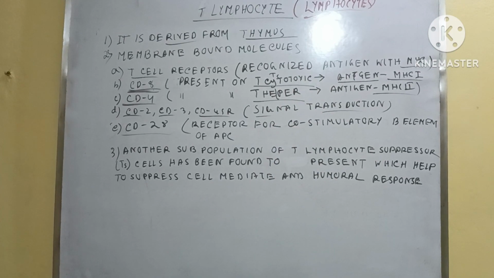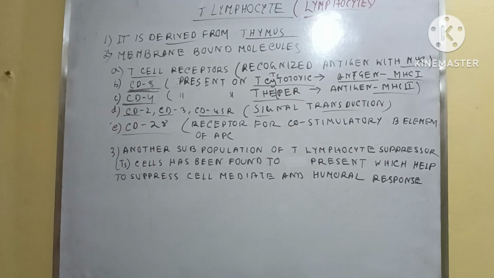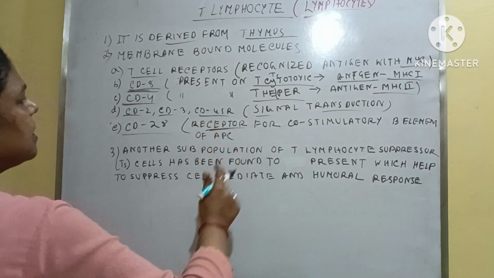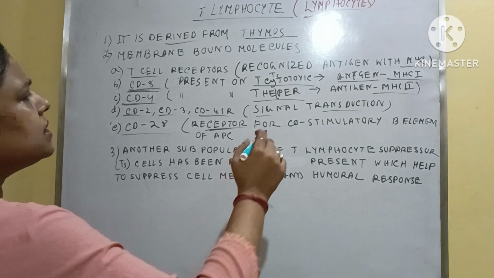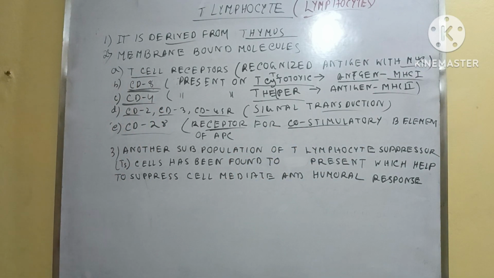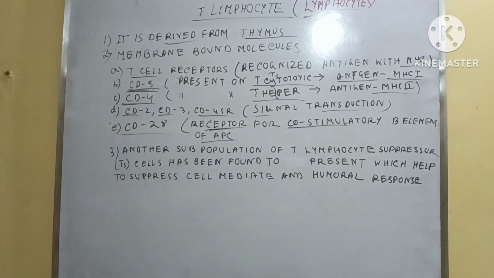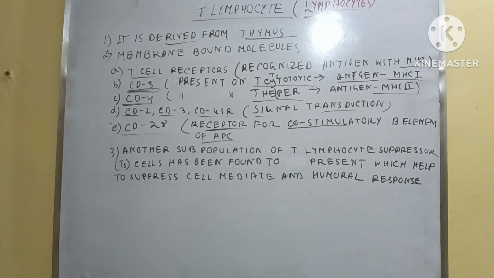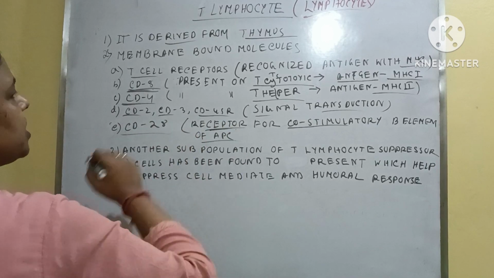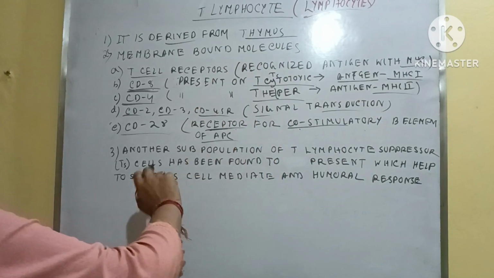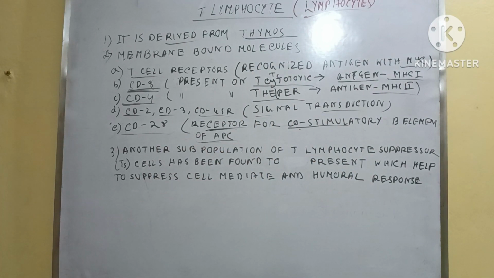And CD28 is also a membrane bound molecule, and here the receptor is for the co-stimulatory B element of the antigen presenting cells, the APC.